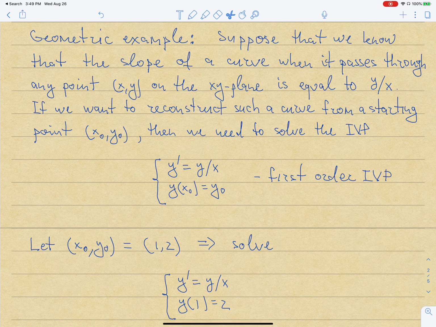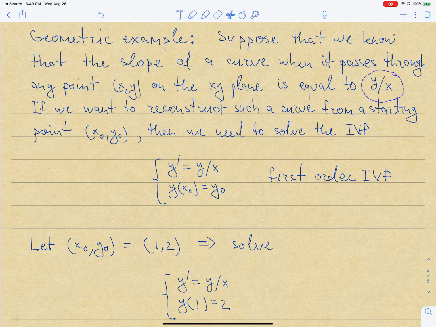Somehow I know that when a curve passes through any point xy on xy plane, I know from some source, doesn't matter how, that the slope of the curve must be equal to y over x.